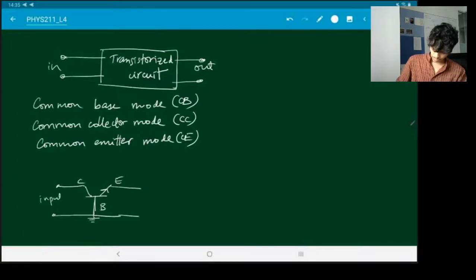So my input comes across these two and my output comes across these two. As you can see, the input is between the collector and the base, whereas the output is between the emitter and the base. So this is common base mode.